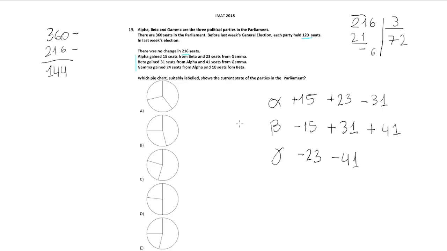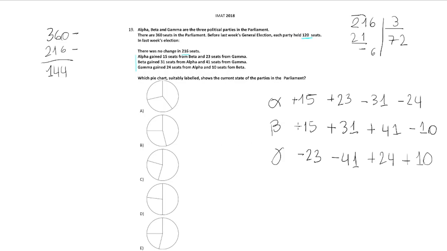Lastly, we have gamma, who gained 24 seats from alpha, so alpha also loses this number of seats, and 10 seats from beta, so beta loses 10 seats.